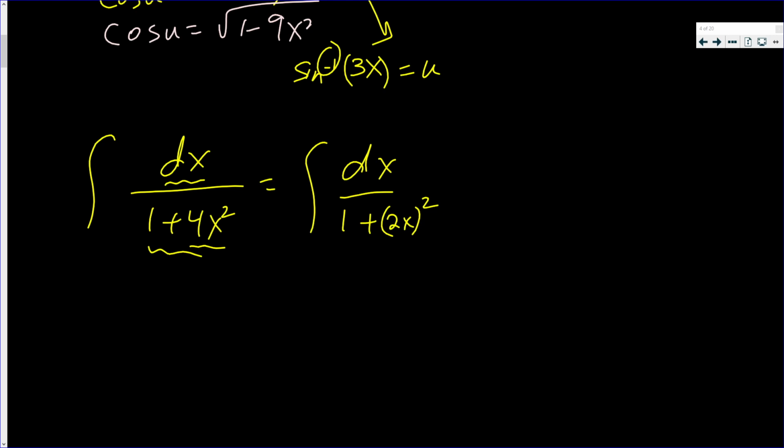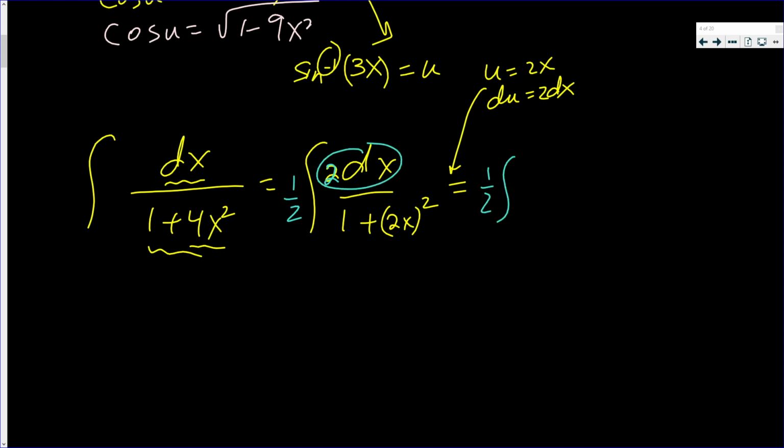And if you want, you can make a u substitution right there. If you let u equal 2x, well then du will be 2 dx. So now I put the 2 in, and now I have the 2 dx, but I have to counter it with a half. So there's a half. This is du. And the bottom is 1 plus u squared.